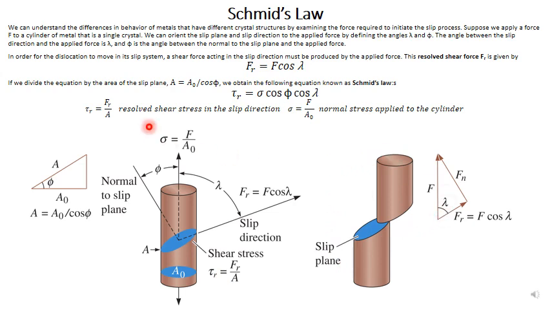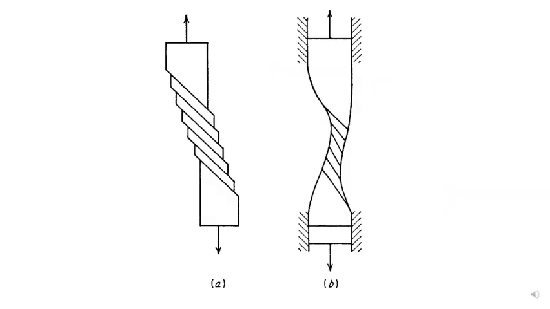Here we can see Schmidt's law. I have added this slide to your PDF just for your information, to show what happens when we apply tensile stress to a single crystal sample.